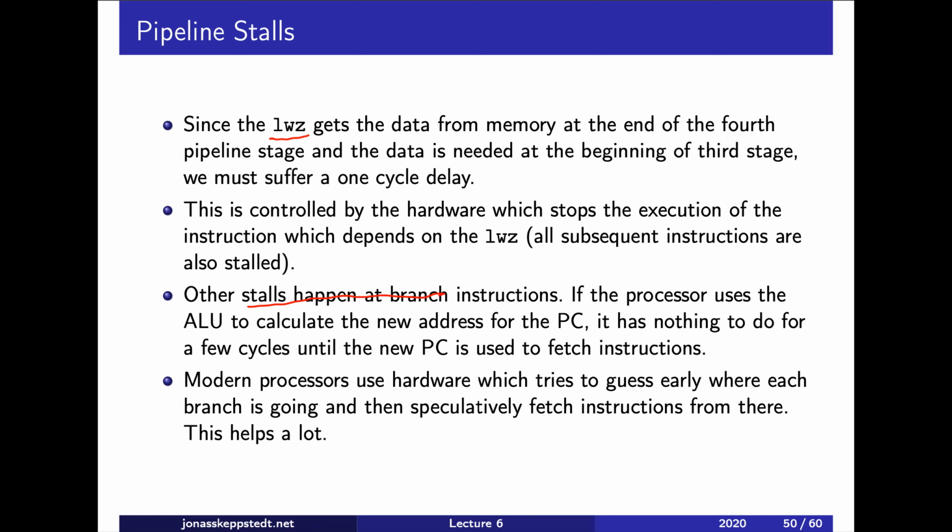Okay, so what can we do about that? Well, we can actually guess whether we should branch or not, and that's what the modern CPUs do. For instance, if we are in a loop, then it's likely that we take one more iteration, and the processor guesses that it should do that and fetches those instructions.